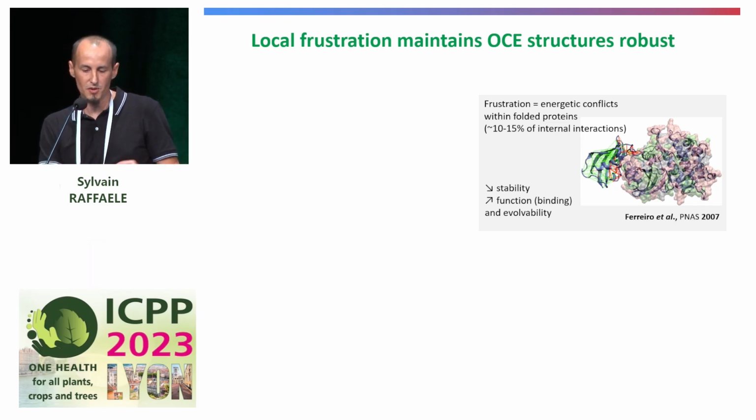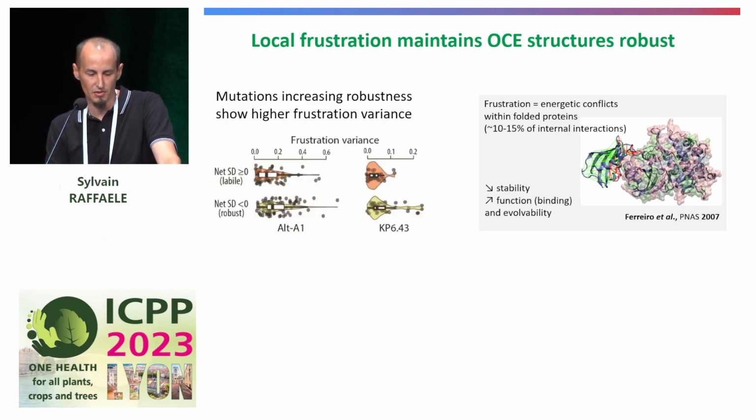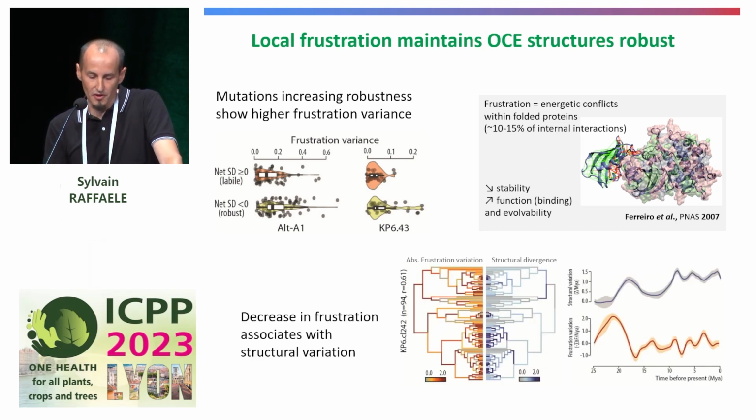So by looking at this property in our effector families, we found that the mutations that increase robustness tend to vary a lot in this frustration property. So these are the ones you have in green here. By looking into more details then at the phylogenetic trees in effector families, we found there was a correlation between the variation in frustration and the structural divergence of these effectors.